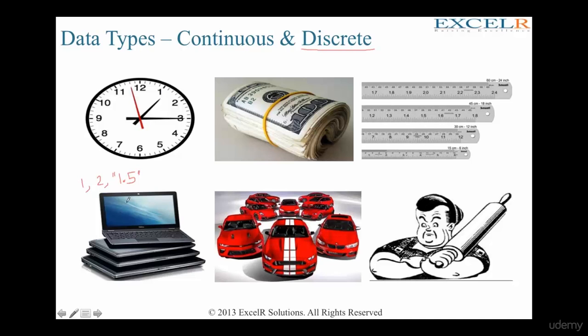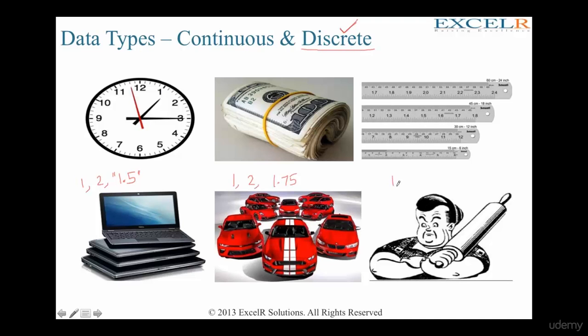I can say I have one car, or two cars. Can I say I have 1.75 cars? Does it make sense? No. If we represent something in decimal format, and it does not make sense, it is called discrete data.